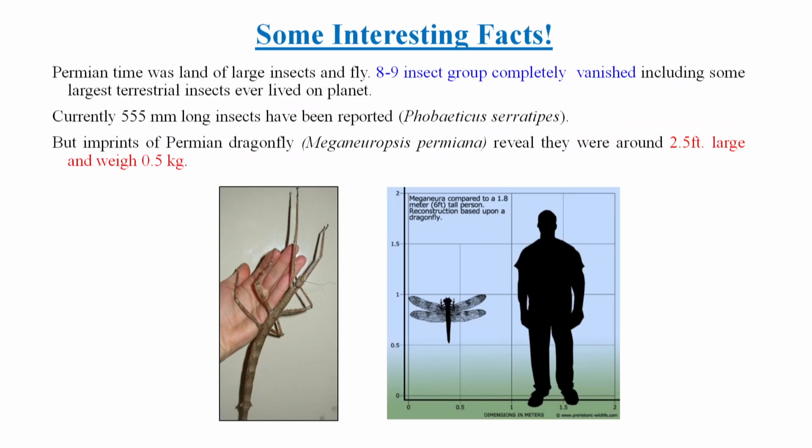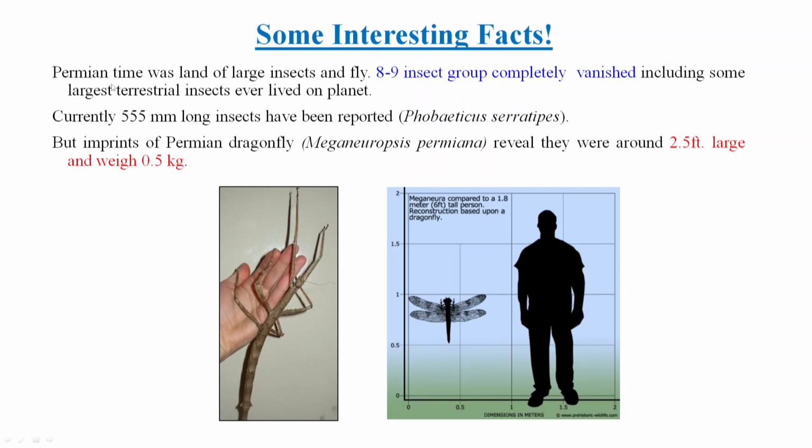Some interesting facts: before that Permo-Triassic extinction, some of the species, for example in Permian time, was referred to as the land of large insects and flies.